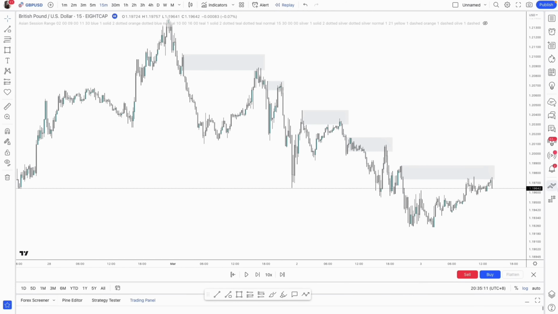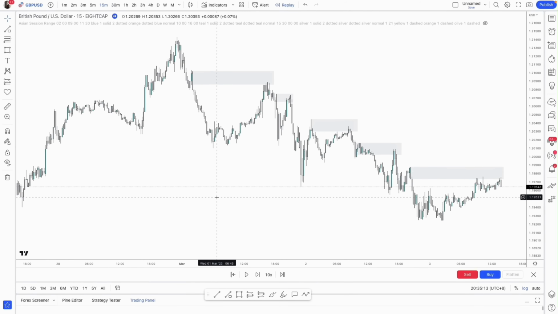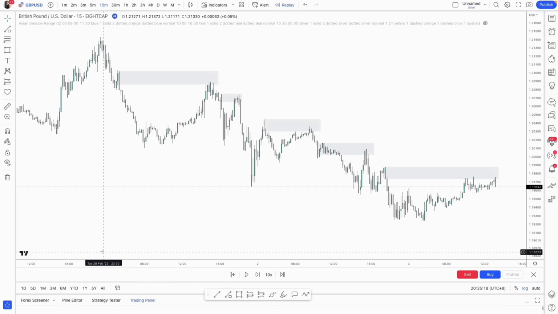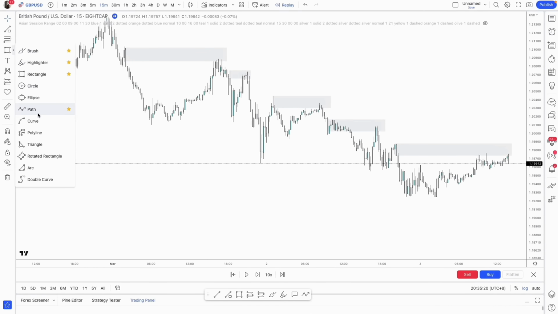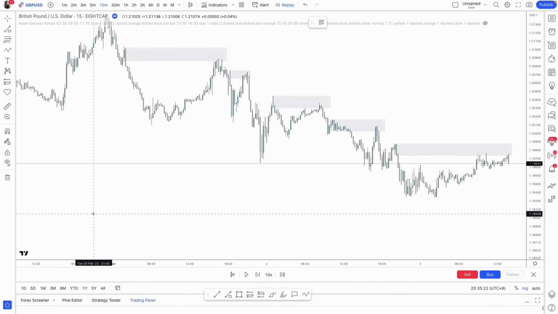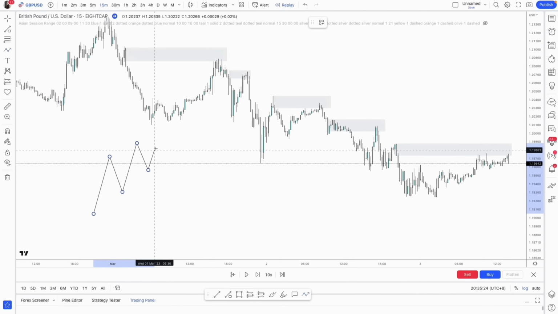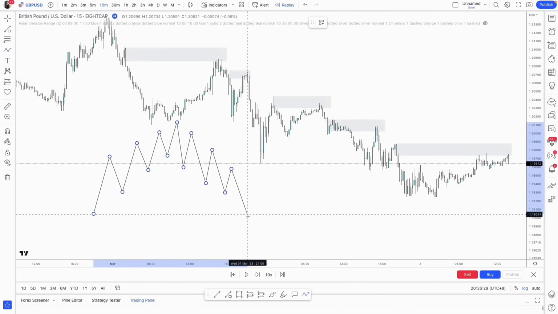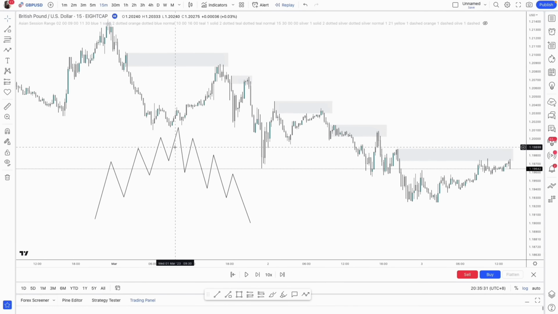Now, there are two real types of market structure: external market structure and internal market structure. What's the difference? Well, external market structure can be understood as your external swing points. So imagine you have price action that looks something like this. Now, what do we have here?